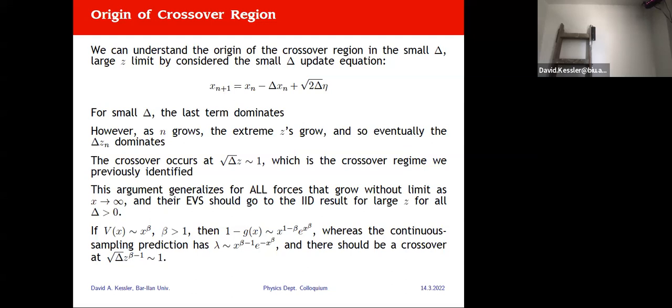However, when time gets bigger and bigger, the force gets bigger and bigger. And therefore, no matter what the value of delta, if z is big enough, then the force is big, and that dominates. So for any fixed delta, if you wait long enough, you always go over to IID because the force dominates, and the crossover is exactly when these two terms are the same order, and that all works.